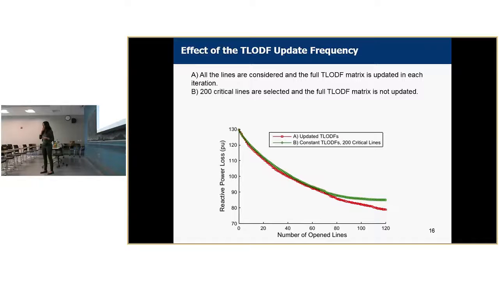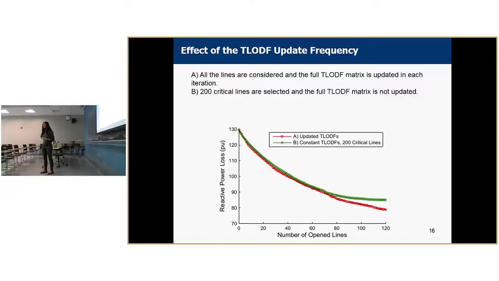In other words, once you open a line, would you really have to recompute the TLODFs for the entire system? If you compute the TLODFs for the entire system in the beginning, the physical topology is not changing much. So even though you open up a line, the relative TLODFs on all the other lines should change, but not that much, in a relative manner, right?